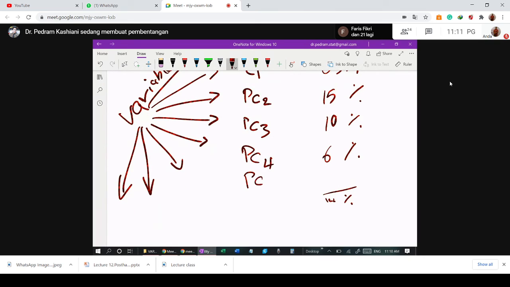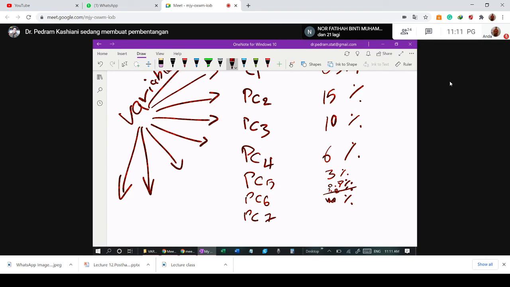Maybe PC5 is 3%, PC6 is 0.8%, PC7 is 0.2%. I have 7 PCs, for example. The total became 100%.